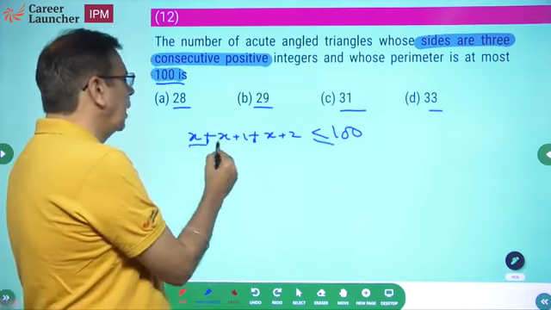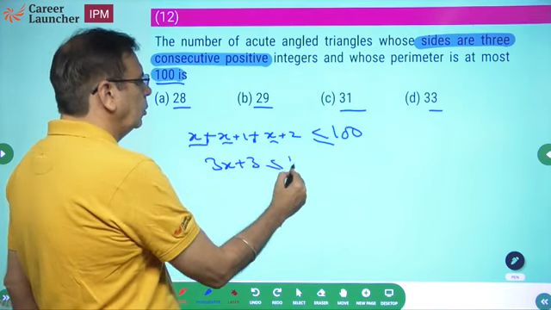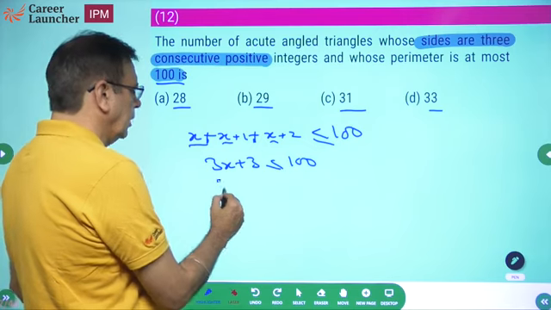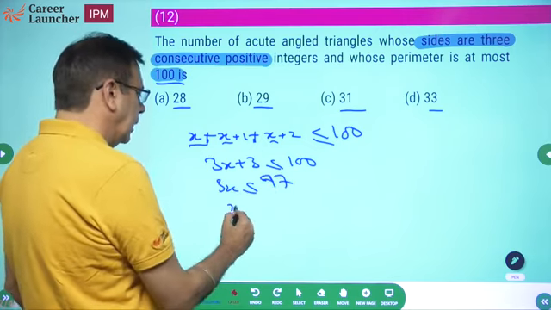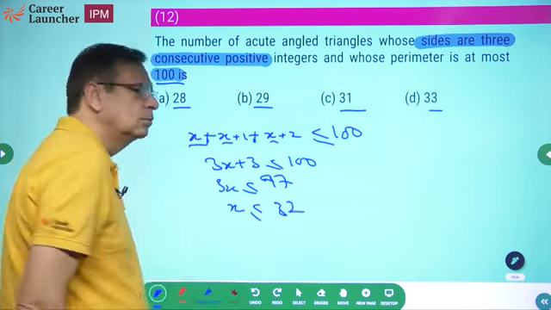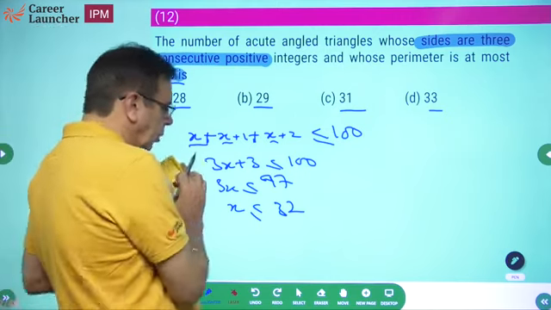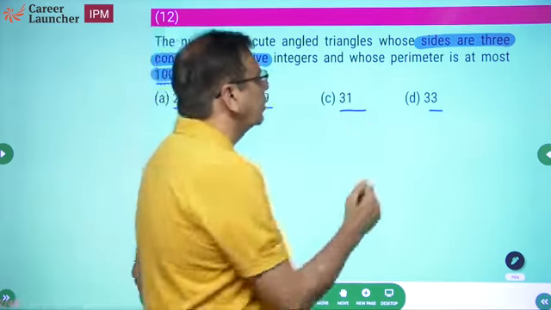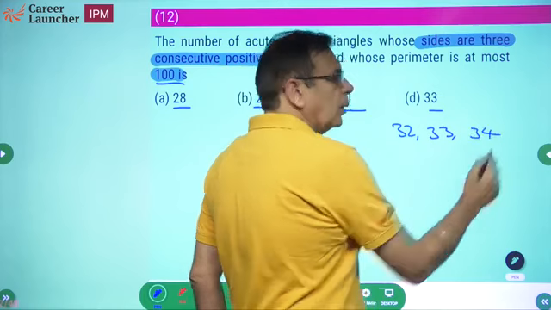So what does it become? 3x plus 3 less than or equal to 100, or 3x less than or equal to 97, or x less than or equal to 32. So the maximum value of x is 32. The biggest possible triangle is 32, 33, 34.